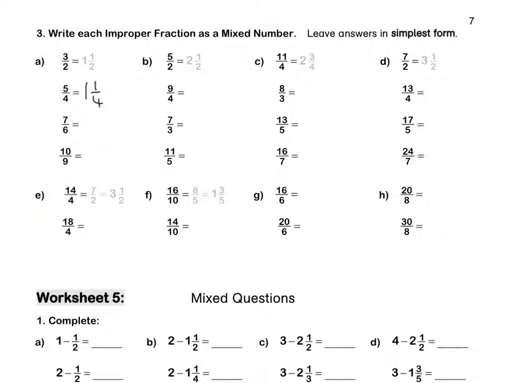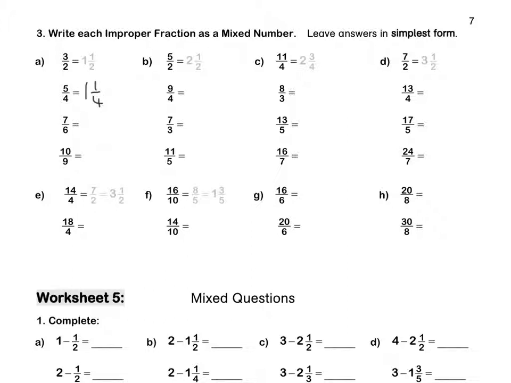Let's look at E. 14/4. We can simplify this fraction before we write it as a mixed number. We divide top and bottom by 2 to get 7/2. Then 7 divided by 2 is 3, remainder 1/2. Let's look at F. 16/10.